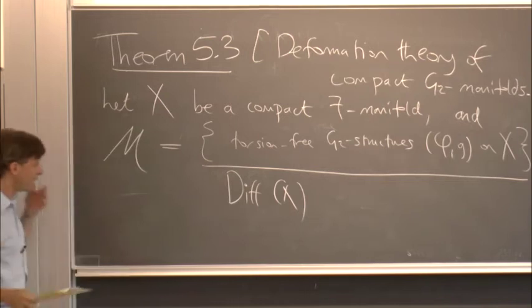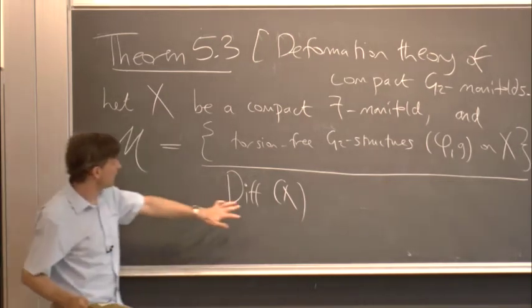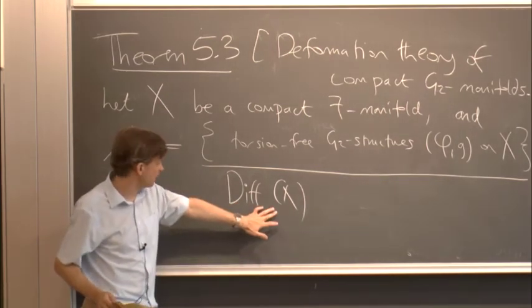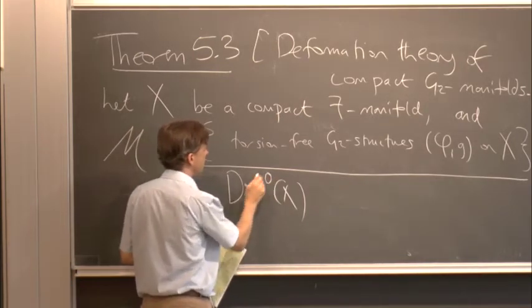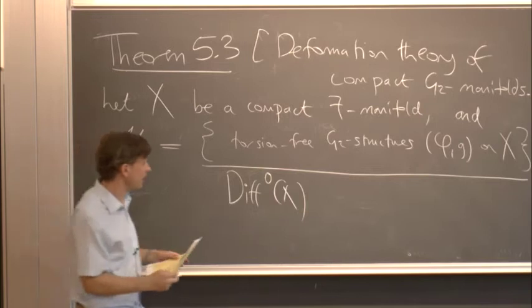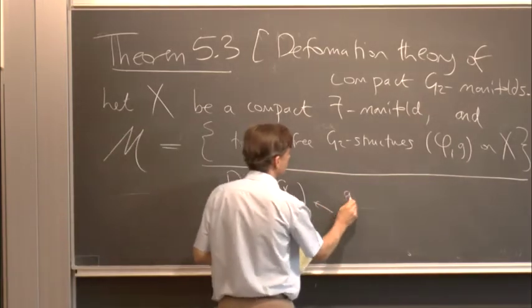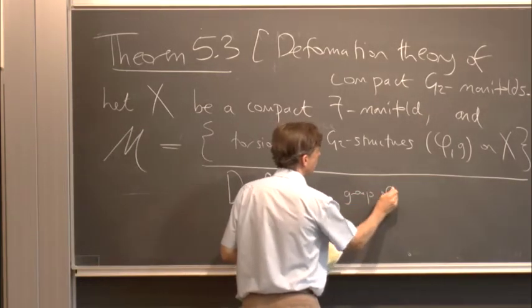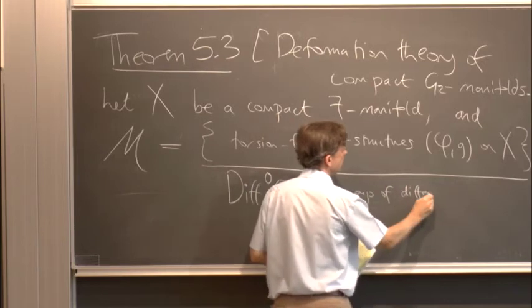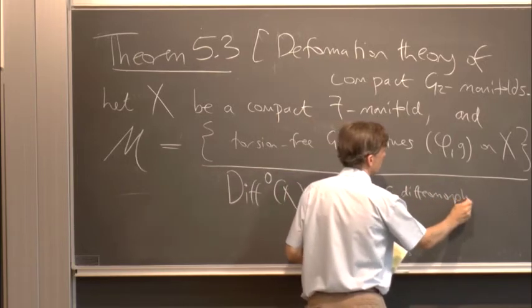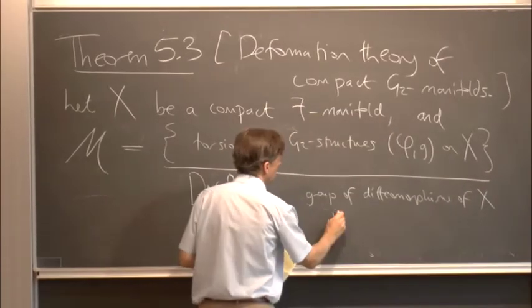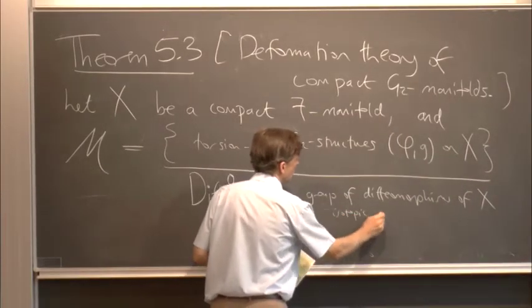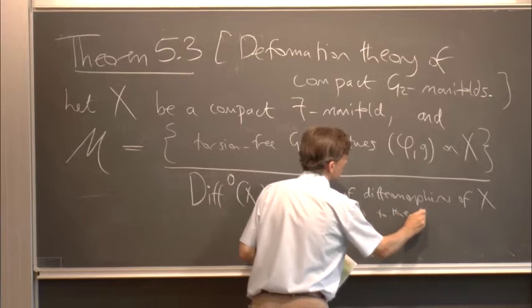Actually, it turns out it's better not to divide by the full diffeomorphism group, because that would lead to a singular moduli space. Instead we use what I call Diff_0 of X, which is the group of diffeomorphisms of X which are isotopic to the identity.